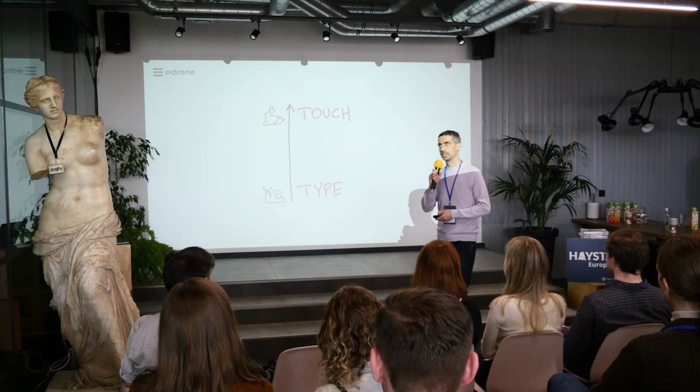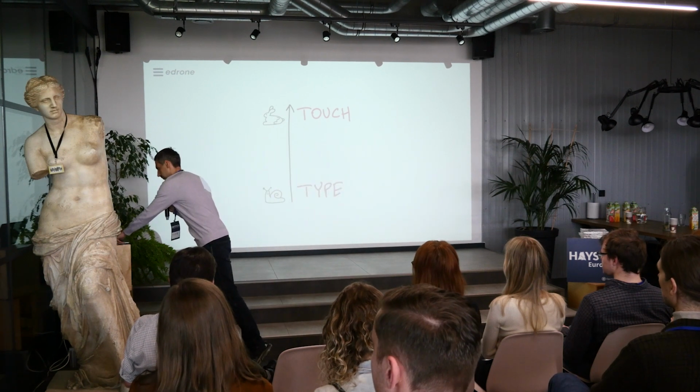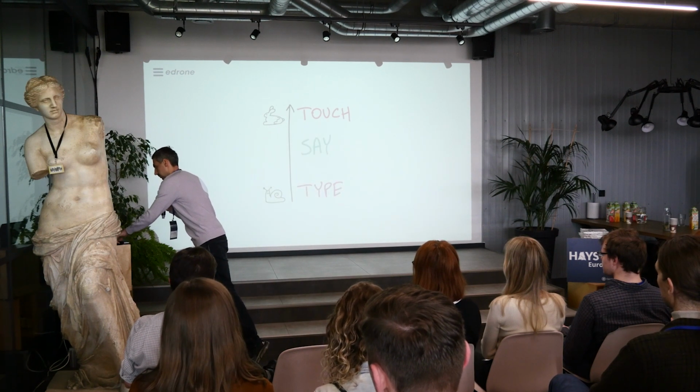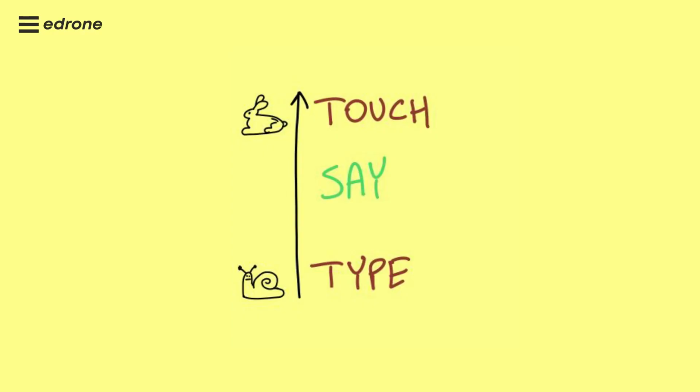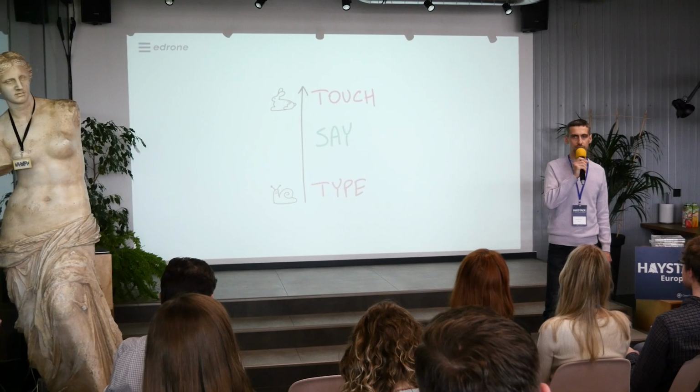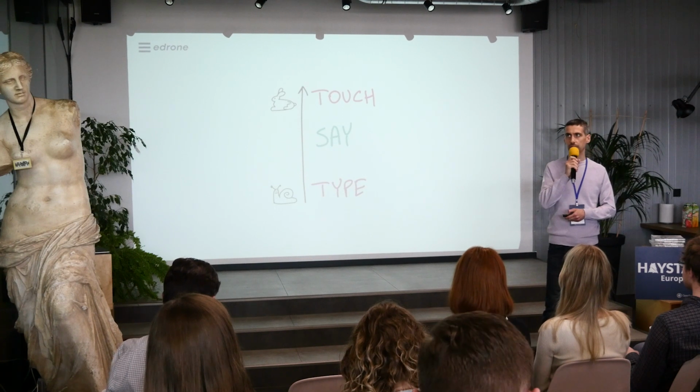So the question is now, what happens if you consider speech, right? And that is the thing I mentioned, that a few years ago there were a lot of breakthroughs in NLP, in natural language processing, and so we started thinking about that.